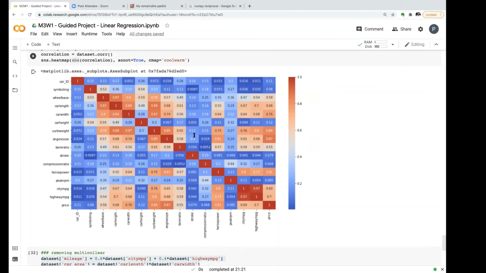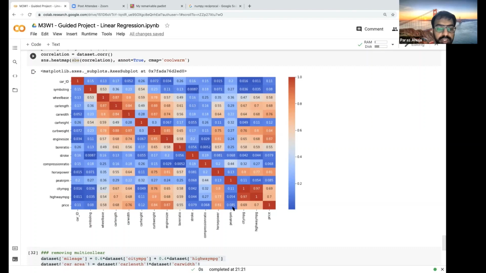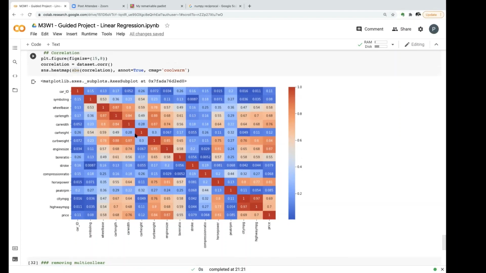Peak RPM, I guess, the correlation between price and peak RPM is coming around 0.085. Yeah. Okay. So this is a very heuristic way.